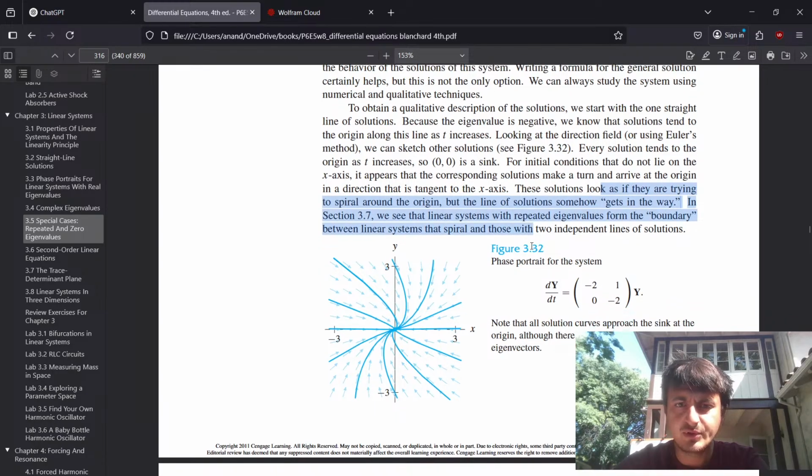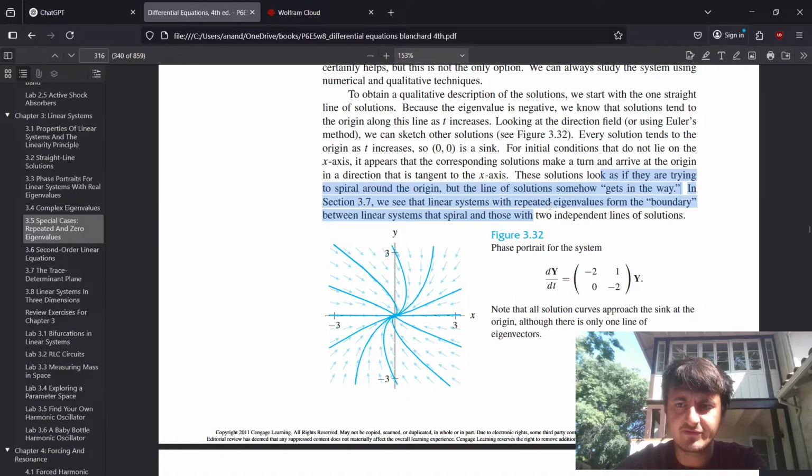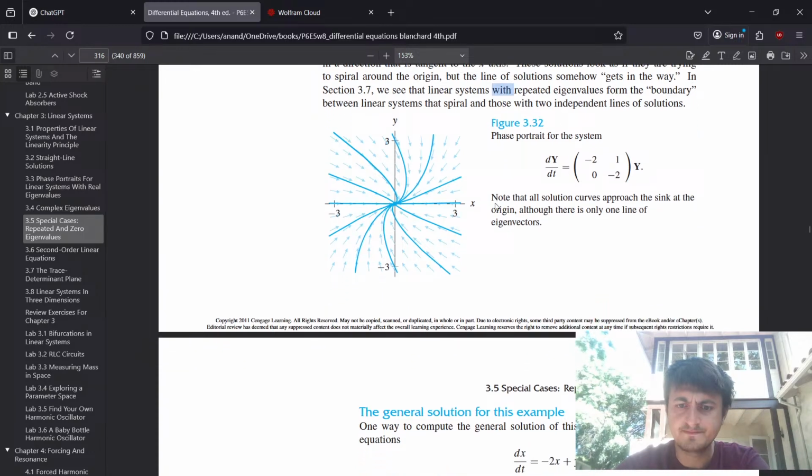In section 3.7, we see that the linear systems with repeated eigenvalues form the boundary between linear systems that spiral and those with two independent lines of solutions.